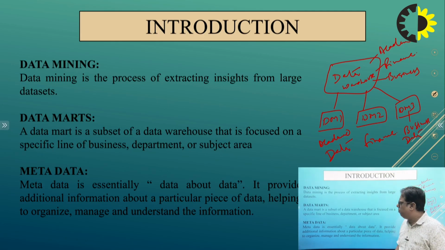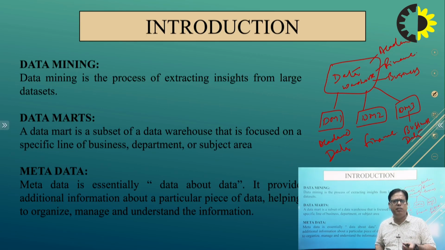Now next is metadata. Metadata is essentially data about data. It provides additional information about a particular piece of data, helping to organize, manage and understand the information. We can take an example. We have a book of 100 pages.